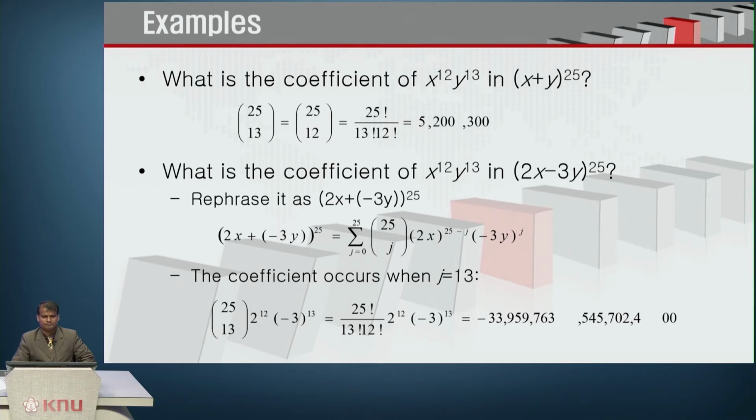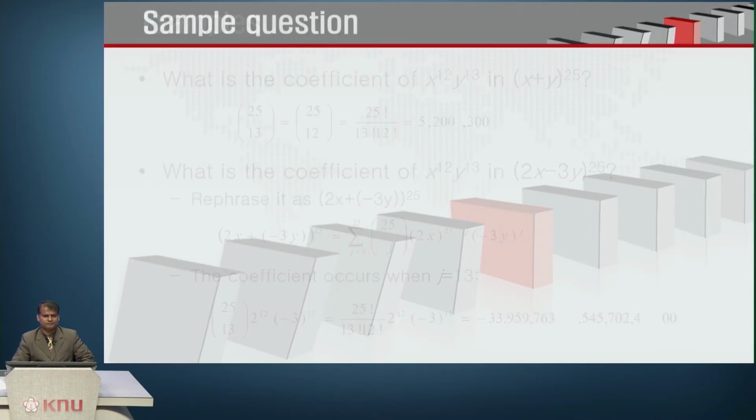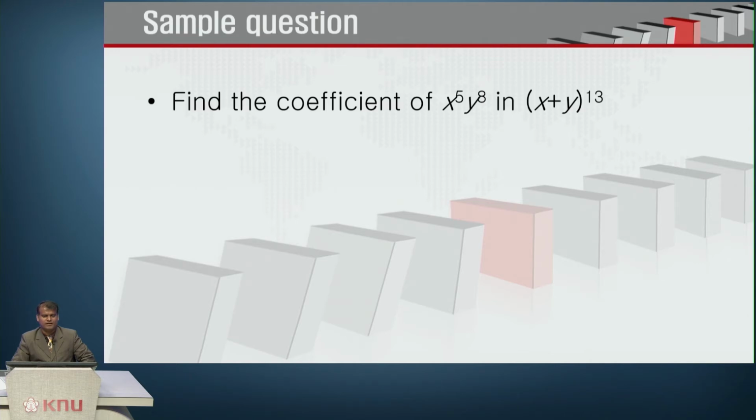It's similar to the previous one. Again, now you have to find the coefficient of x to the power 5 and y to the power 8 in (x plus y) to the power 13. That's quite a straightforward answer.